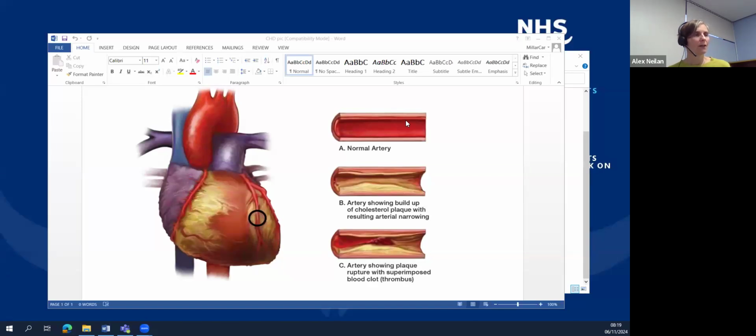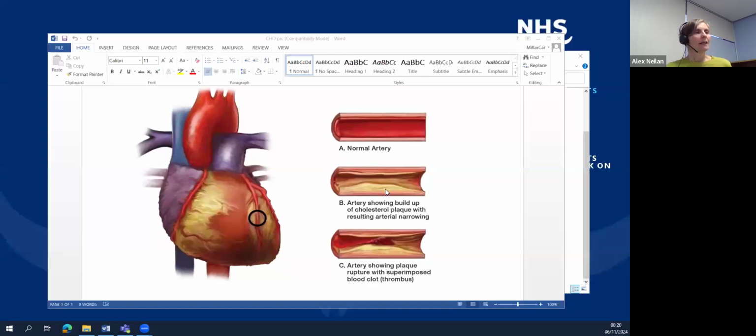On the right-hand side here, we have a normal artery. I always chat to my patients about arteries being like hose pipes. They're just tubes that take blood from A to B. And this is a nice clean one. You've got the vessel wall, and then on the inside, you've got endothelial cells that line it nice and smooth, and blood will flow through this with not a problem.